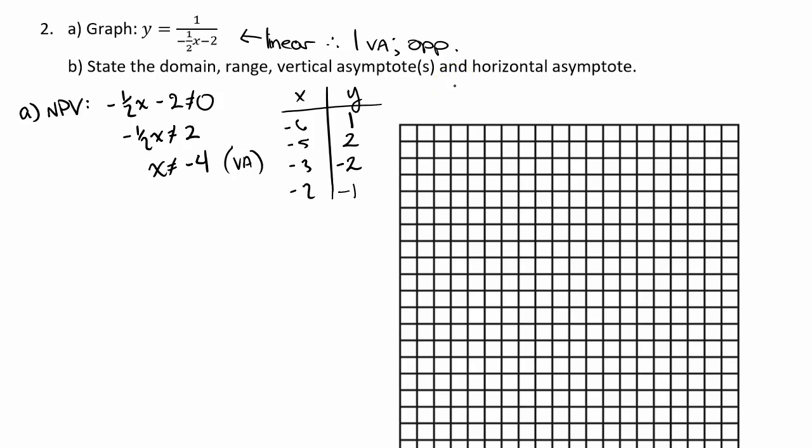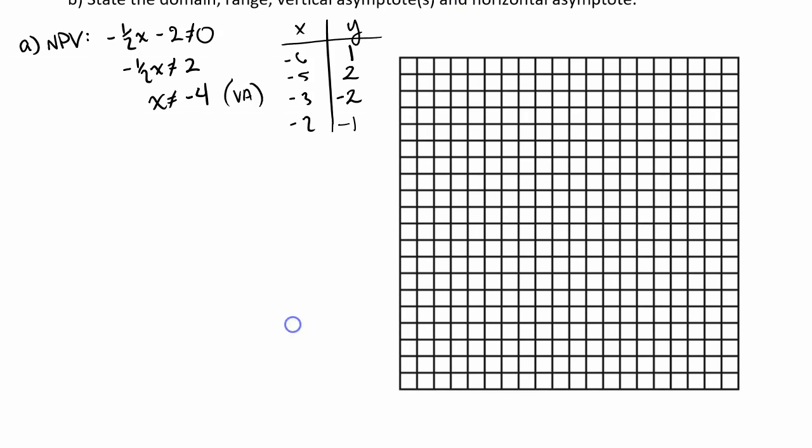So now I've got enough information that I can actually graph this. Because I'm dealing with exclusively negative x values, instead of putting my y-axis here in the middle, I'm going to shift over and put it towards the right, so I've got more room to function. But I see that my y values are going above and below my x-axis, so I'm still going to have it in the middle.